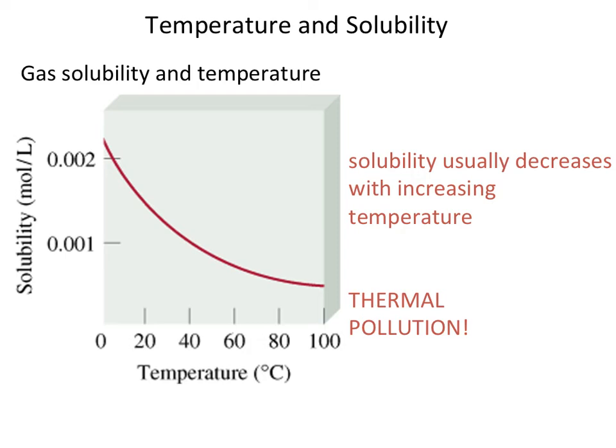So as you increase the temperature, the solubility of the oxygen that's present gets decreased, and with decreased oxygen content, animals like fish don't have the appropriate amount of oxygen in the water to be able to run past their gills and subsequently be able to breathe. So this causes problems in the ecosystem if it's not balanced and managed properly. So gas solubility is going to decrease with an increase in temperature.